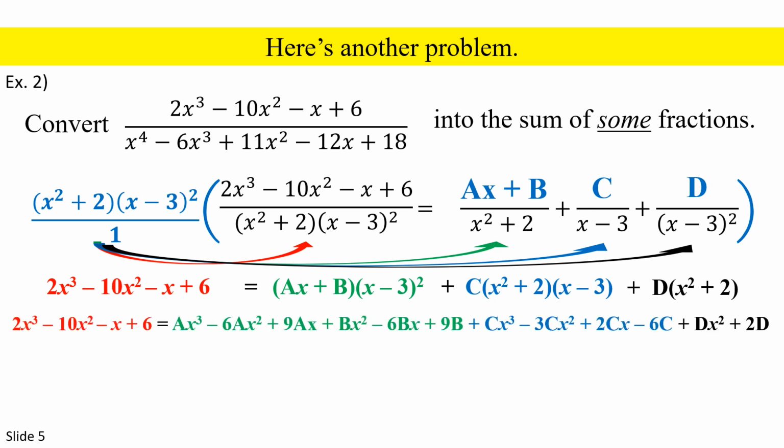So let's go ahead and multiply it all out. X cubed. So the 2x cubed has to equal the ax cubed plus the cx cubed, or 2 equals a plus c.